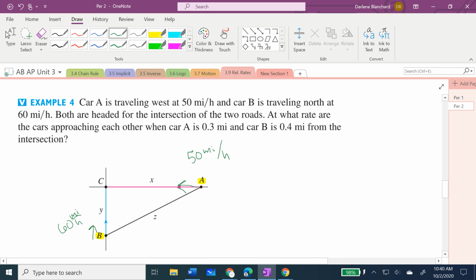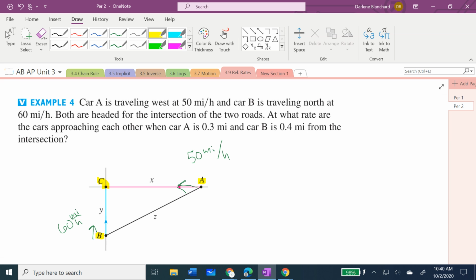Both are headed for the intersection of two roads. Could you imagine reading this without a diagram? I've noticed the AP test is pretty good about giving a diagram if it's needed. They would give you this diagram. It says they are both headed to point C.